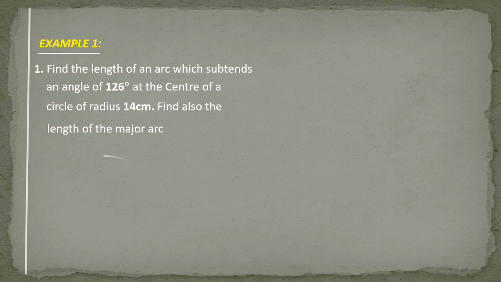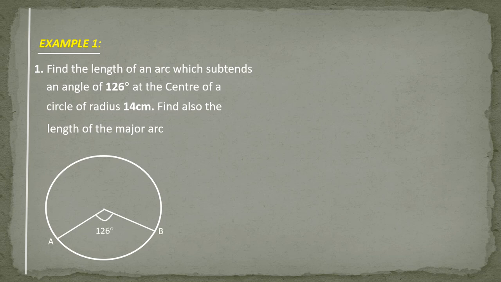To start with, we need to sketch the circle and include all the information that has been given to us. So we have our angle, which is 126 degrees, that the arc subtends at the center. We have our radius, which is 14 centimeters.